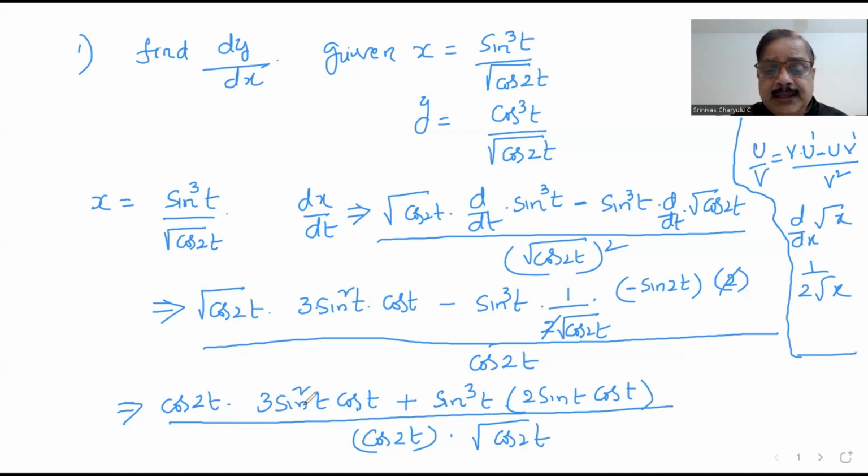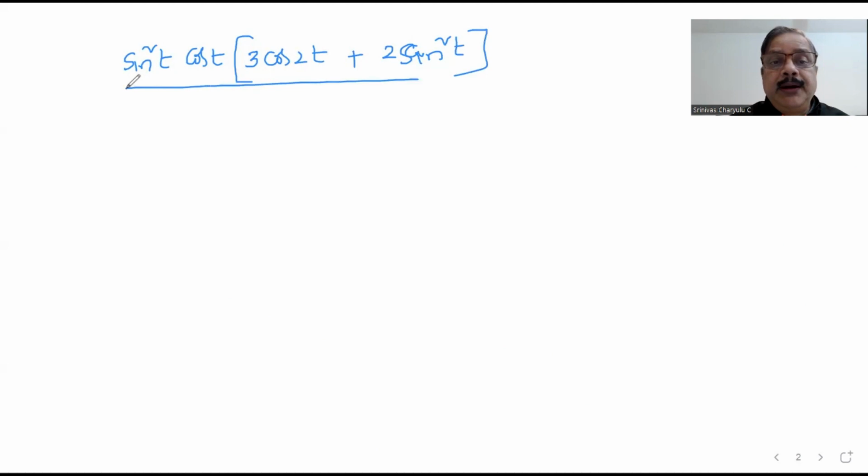Out of this, sin square t cos t going out. So we are left with here 2 sin square t. Whole thing divided by, we are having cos 2t whole to the power of 3 over 2.